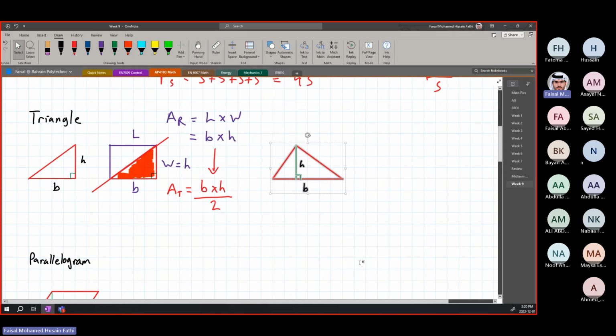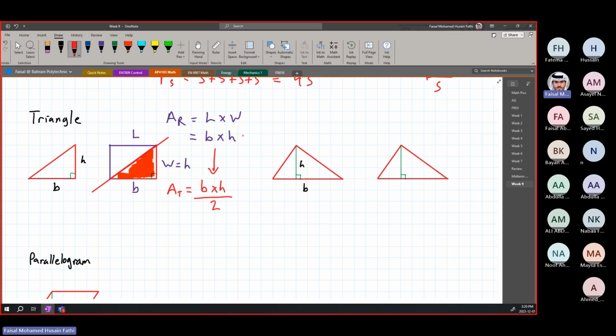If we look at the case over here, you notice that the triangle here is not a right angle triangle, but we have the perpendicular, or the height, that forms a right angle with the base. I want to show you here how we can get the equation. Again, it's the same equation. We're going to get BH over 2. But how do we reach that point? If we draw the rectangle for each side of this triangle.